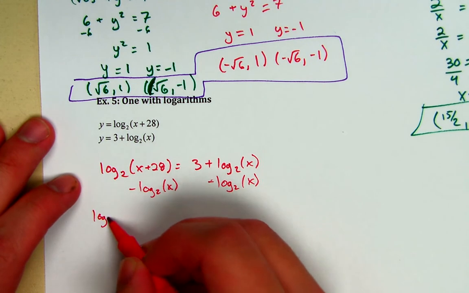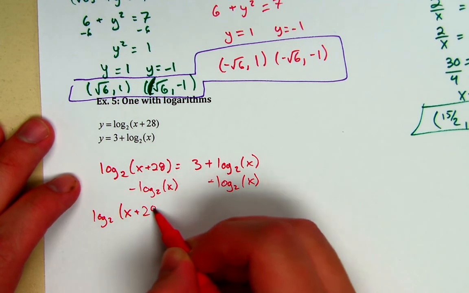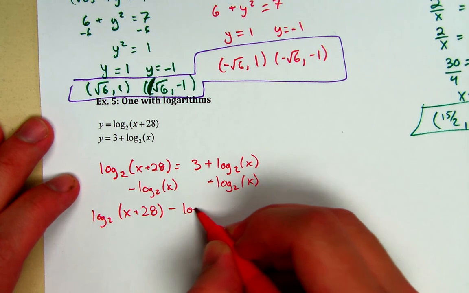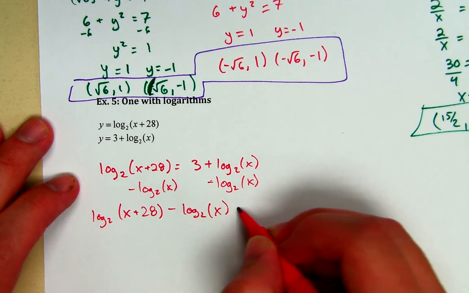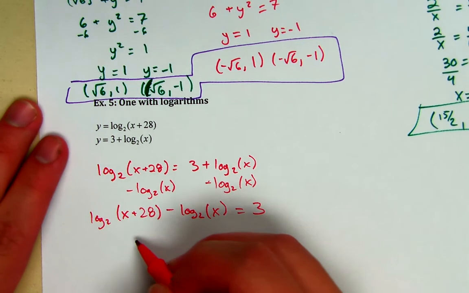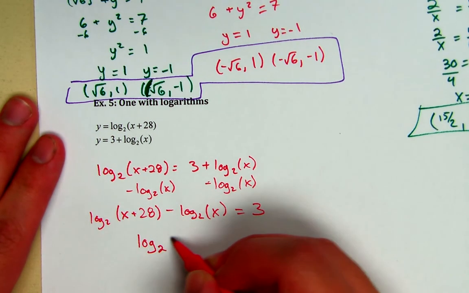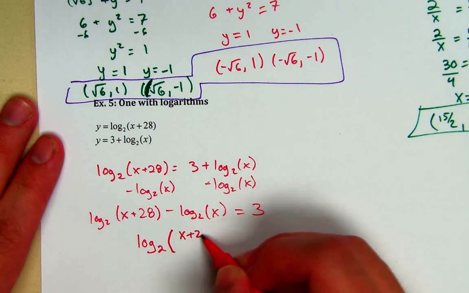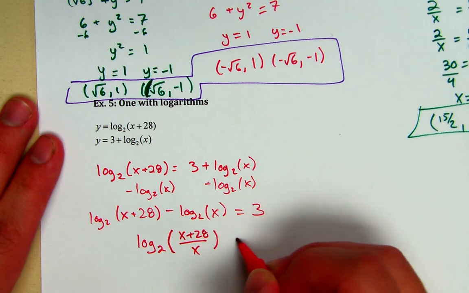So log 2 of x plus 28 minus log 2 of x equals 3. Well, remember, subtraction really means division. So now I have the logarithm base 2 of x plus 28 over x equals 3.